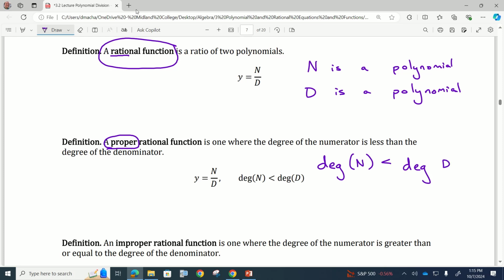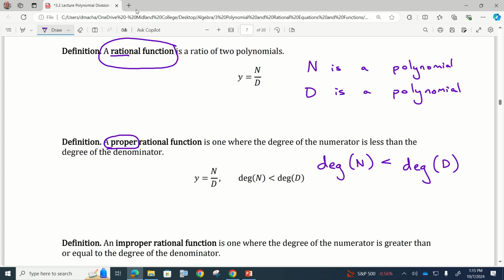And whenever we were talking about proper fractions, we said a proper fraction is one where the numerator is less than the denominator. Because with numbers, we could just compare the numbers. With polynomials, it doesn't really make sense to say that one polynomial is bigger or smaller than a different polynomial. So instead, we just compare the degree of the polynomials.